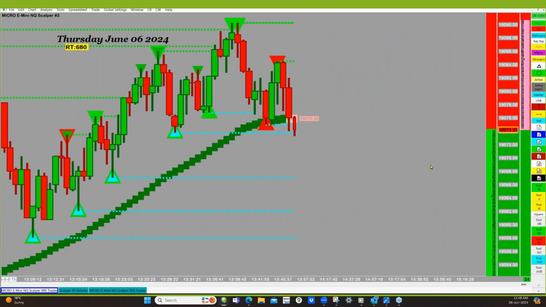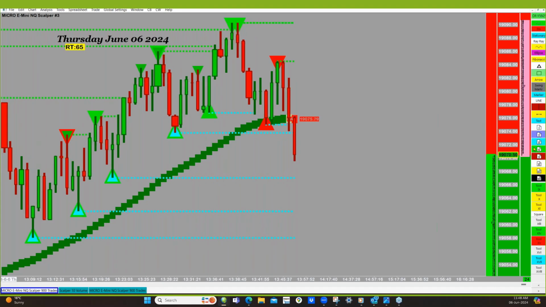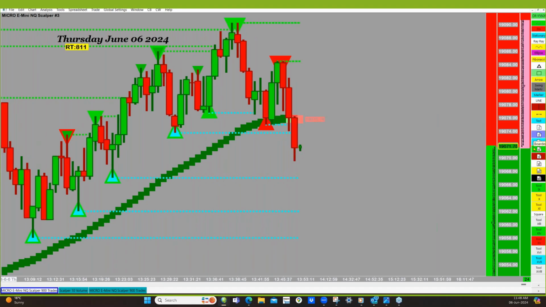So we have a resistance area. So a swing high, you know, and we have the price action, like we mentioned, we had that little pincher top or double top. The wider a double top is, the stronger it is, okay?